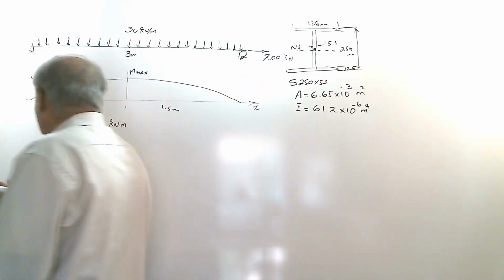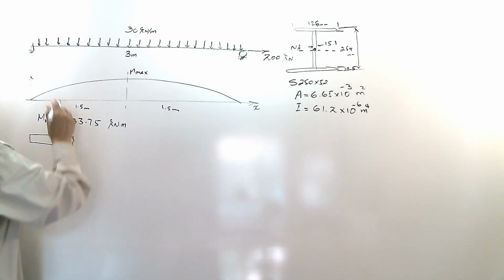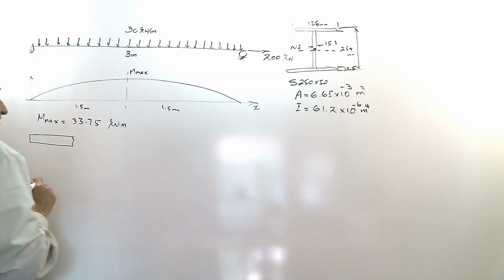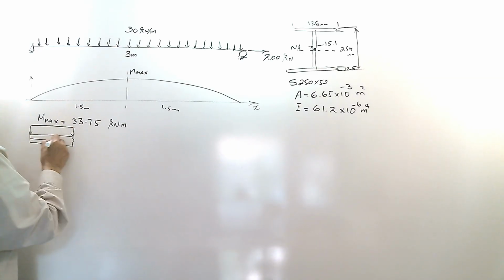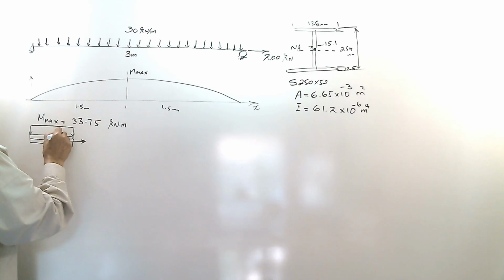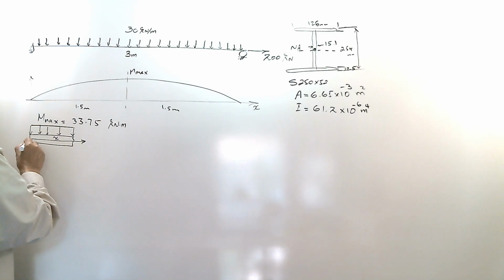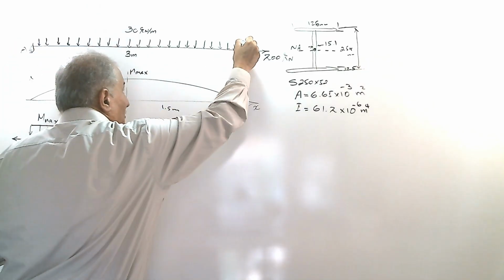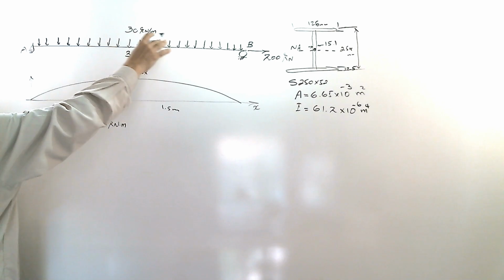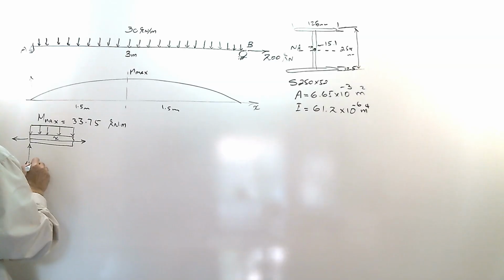Or another method: because the loading condition doesn't change through the beam, just uniform distributed load, we can consider a length of the beam x under uniform distributed load. And if you calculate the reaction at support A and support B, we have this load, 30 times 3, which is 90, divided by 2, 45 kilonewton.